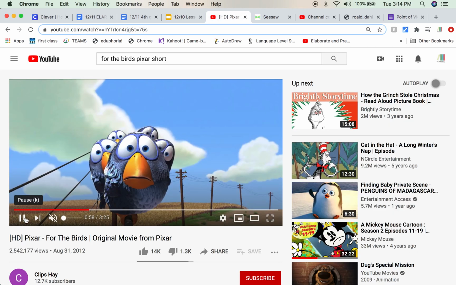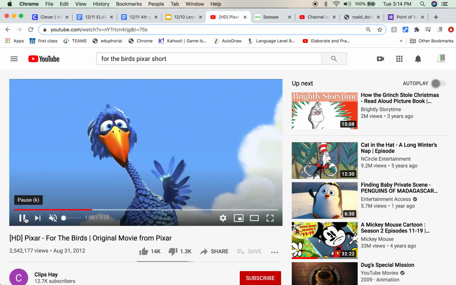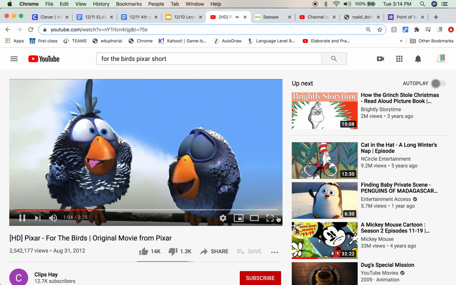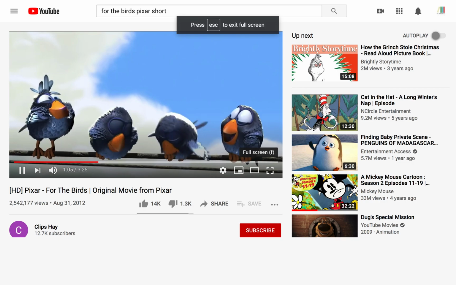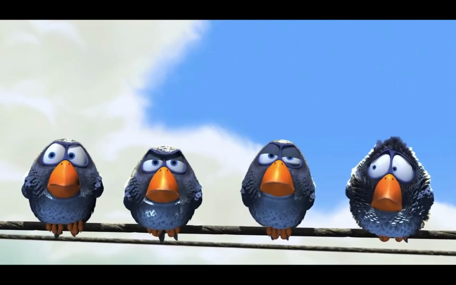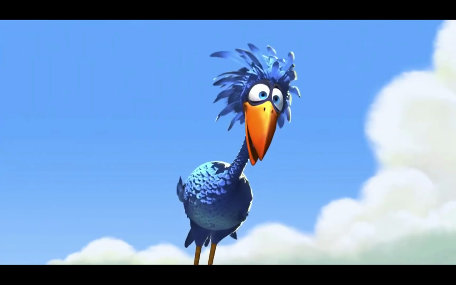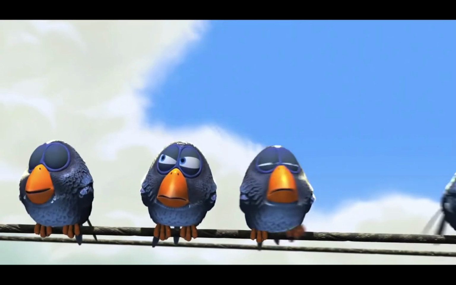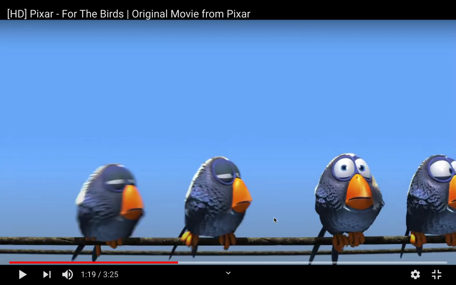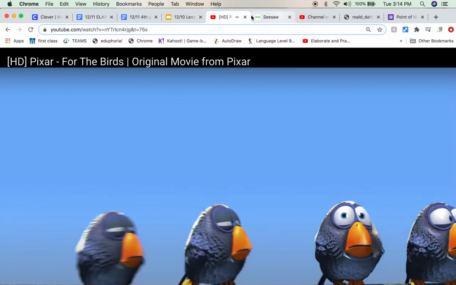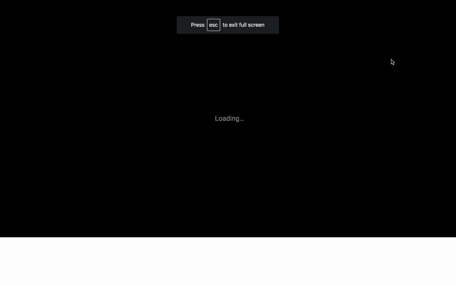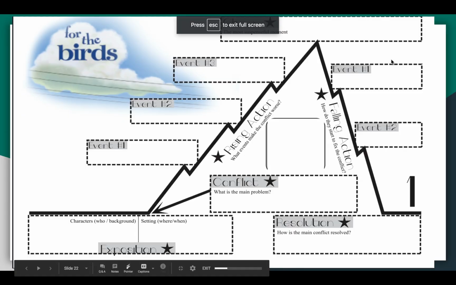After the bird arrives, they are scooting over. They're not being very nice. So let's look at event number 1 in the rising action.